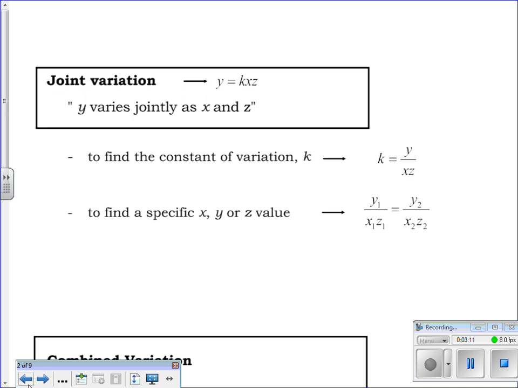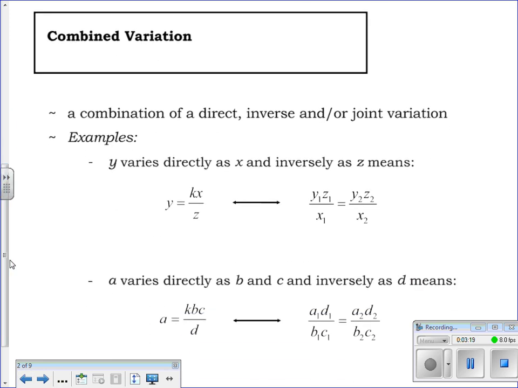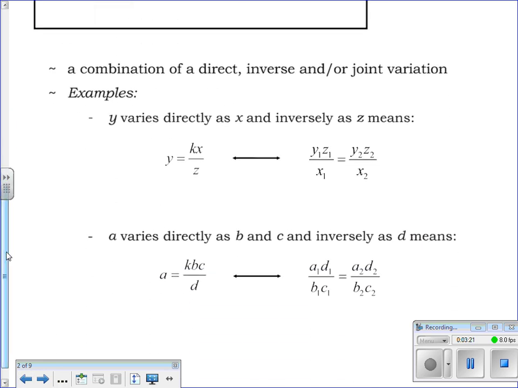So I can have more than two variables involved with this. Jointly is a combination of directly and inversely.